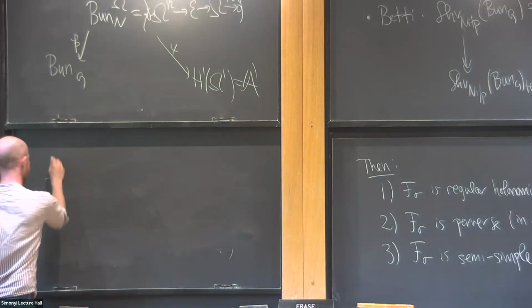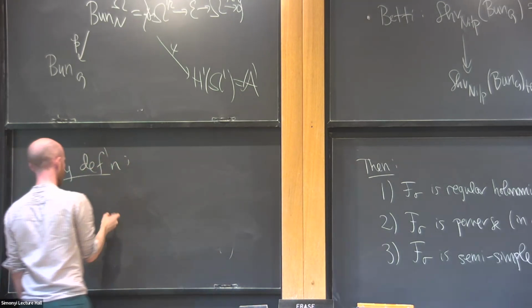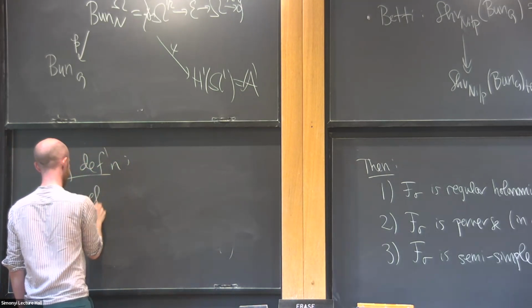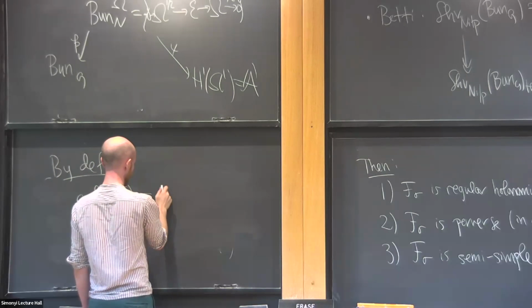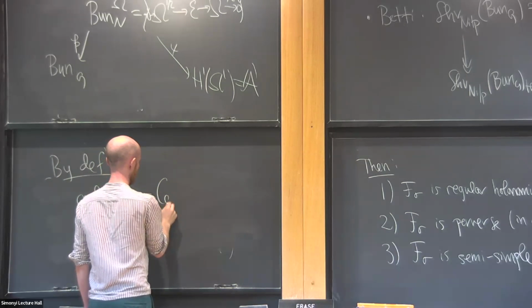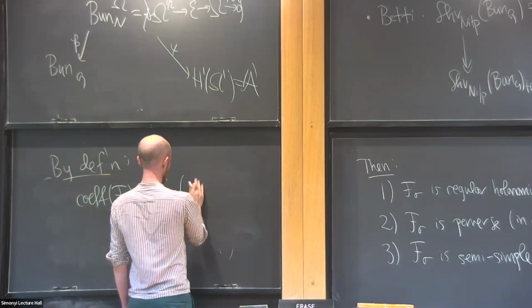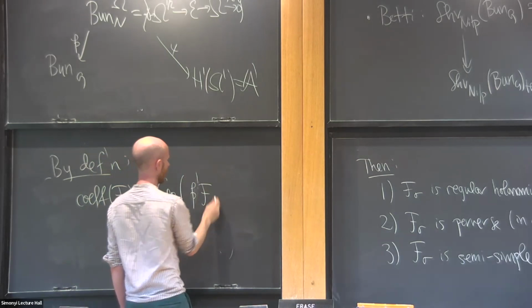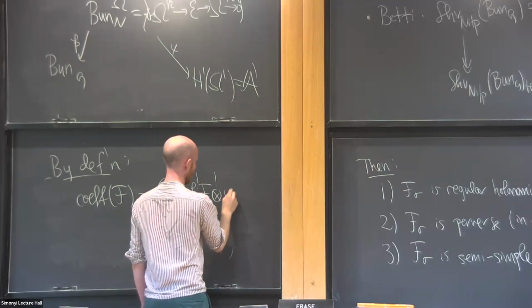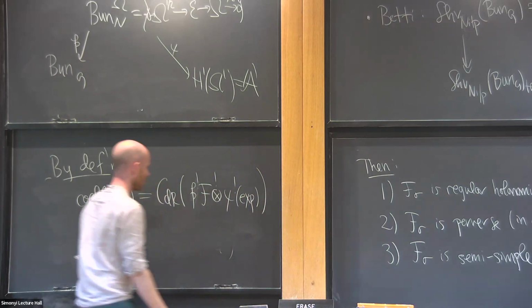And by definition, the coefficient of a sheaf F is going to be given as follows. I take the cohomology, so this just means the complex of de Rham cohomology, of the pullback of my sheaf to this twisted Bun N, and then I tensor it with the pullback of the exponential sheaf along this character psi.